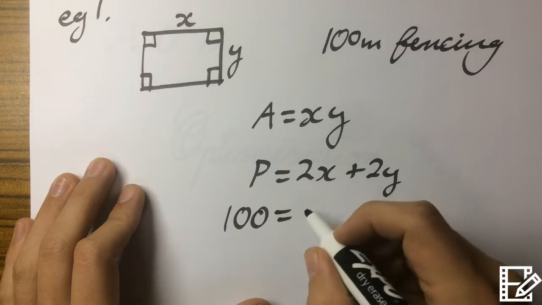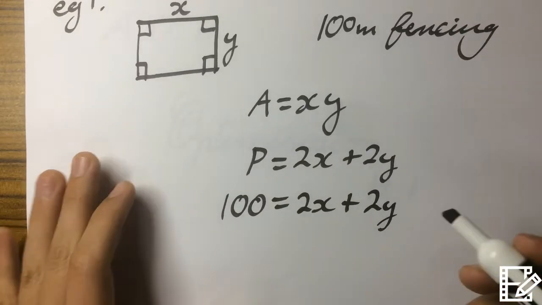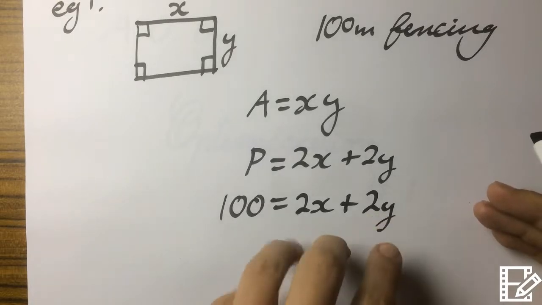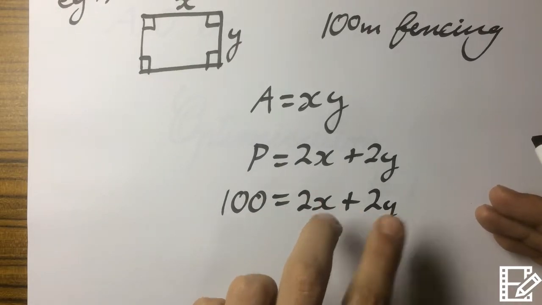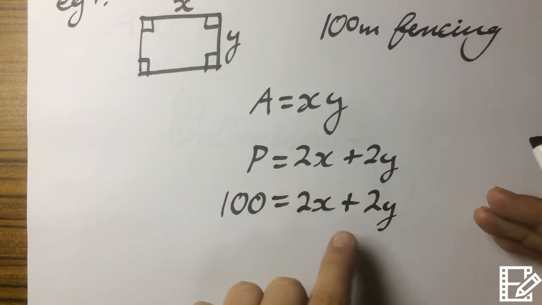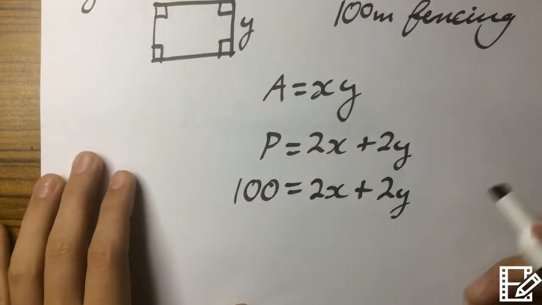So now that means we have 100 equals 2x plus 2y. So we can use this equation and rearrange it to find one of these values using the other value and put it into the area and solve.